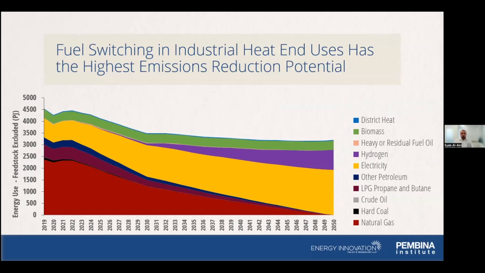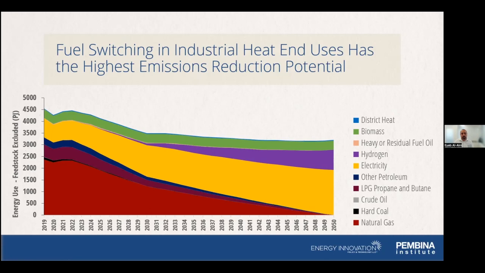Next, we wanted to show one insight that we looked at from some of the scenarios: the overall energy use in Canada drops despite the growth in the economy. This graph shows the total energy use from 2019 to 2050 by fuel.